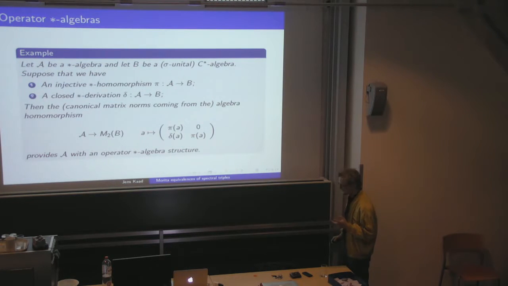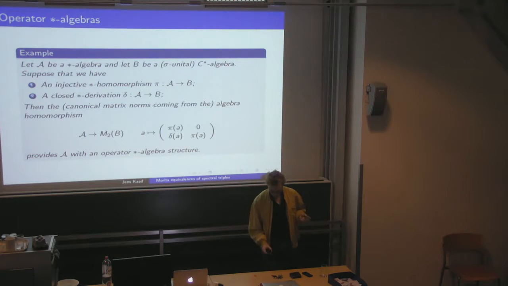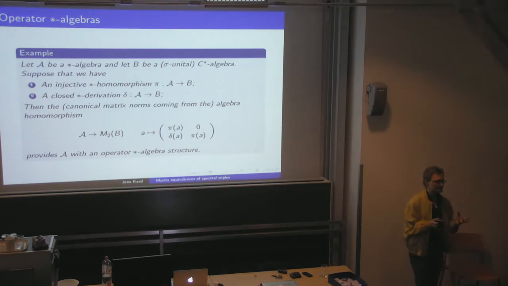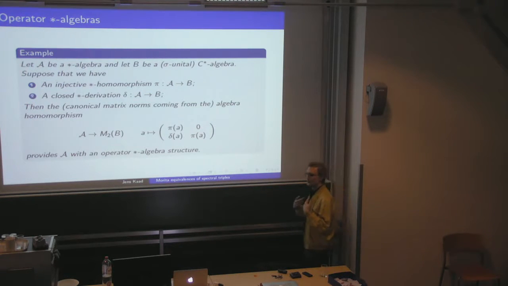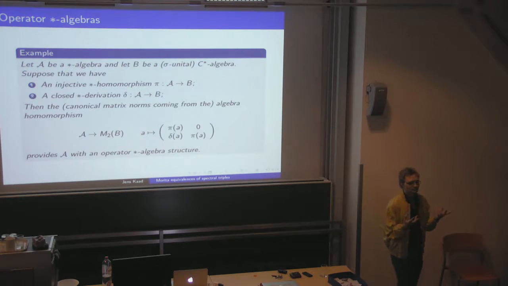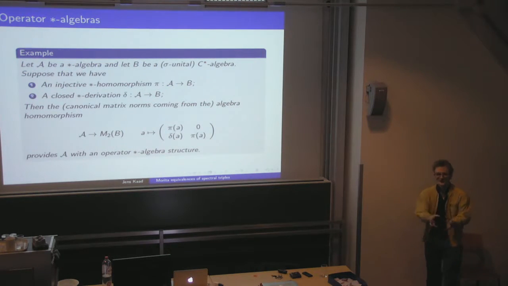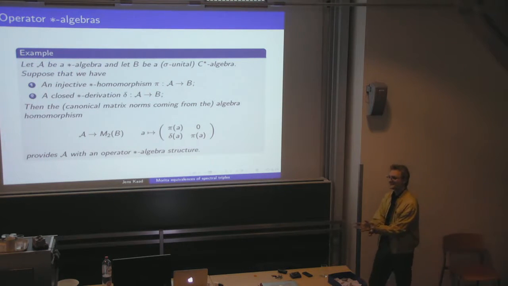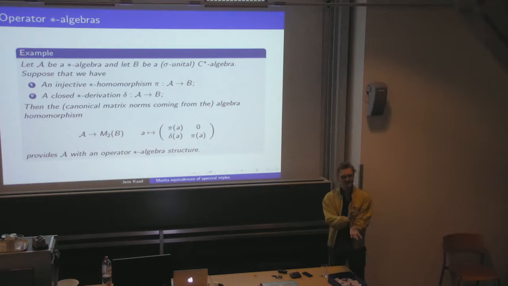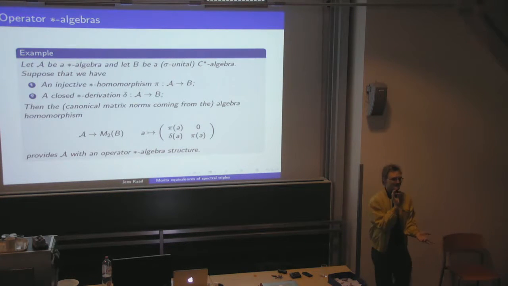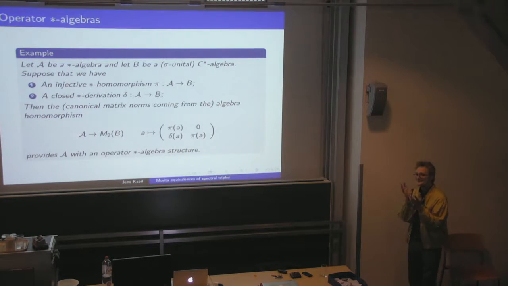Okay, so I have to say now that if you had this notion of an operator star algebra, if you start forgetting two of the conditions, if you forget that you had the involution, and you forget that there was a C star algebra sitting around it, then you arrive exactly at the concept of an operator algebra, which has been studied very intensively by a number of prominent people.